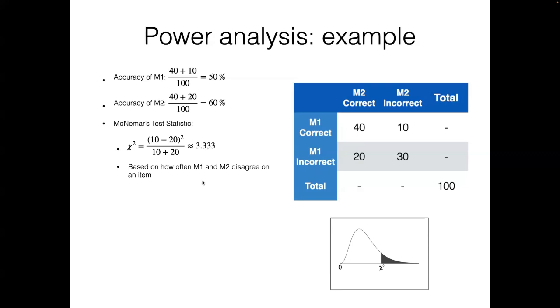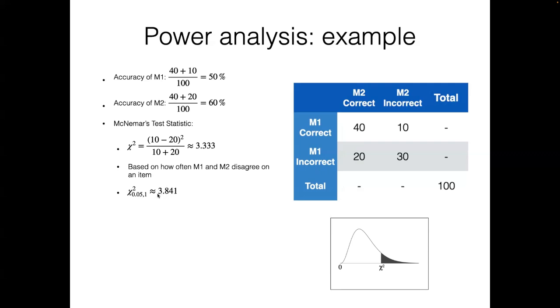Then what you want to do is look at a particular p-value, say 0.05. You can look up in the chi-squared table what the test statistic number is there.